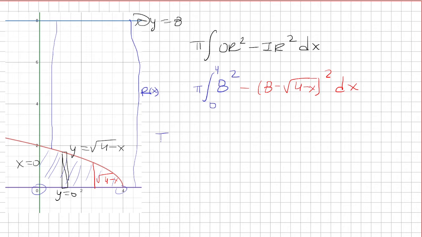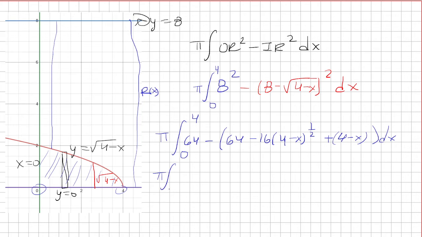Okay. Now we're going to distribute, so we have 8 squared is 64. Expand 8 minus the square root of 4 minus x, squared. That's 64 minus 16 times the square root of 4 minus x. We're going to rewrite it like this. Plus, now we're going to square the negative square root of 4 minus x, which is just positive 4 minus x.